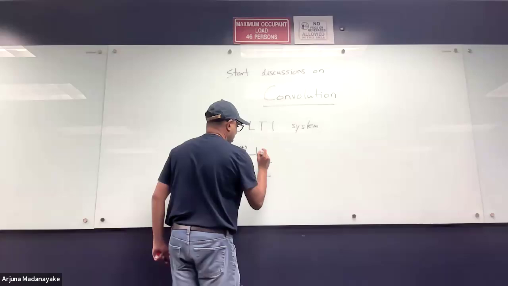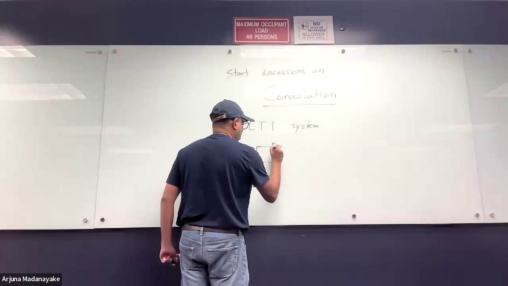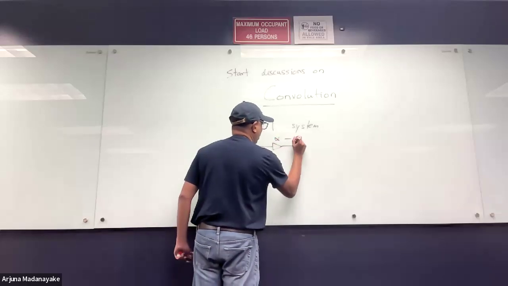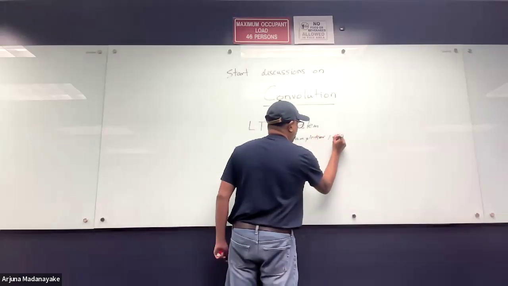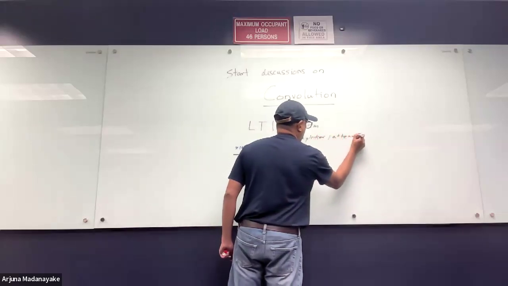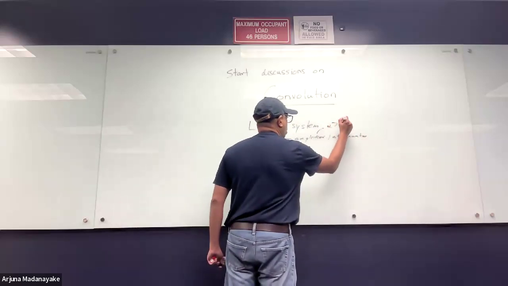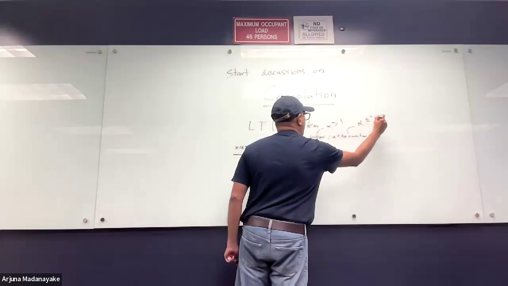It's got 3 branches in this example. First branch is a pure scaling operation by alpha. So this is an amplifier if alpha is greater than 1, attenuator if alpha is less than 1.